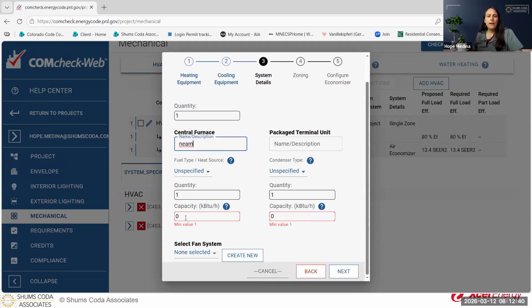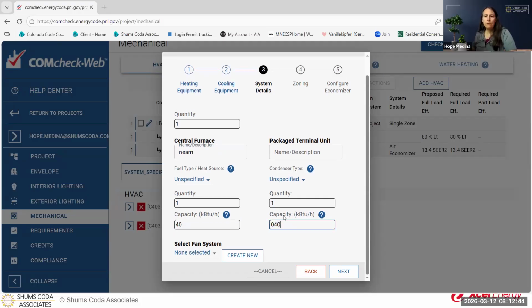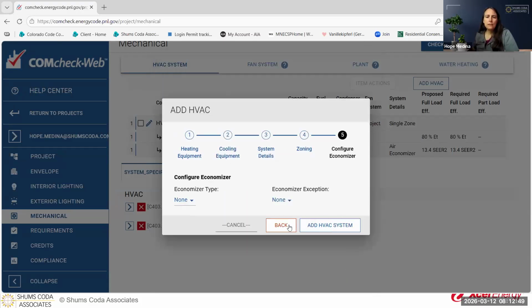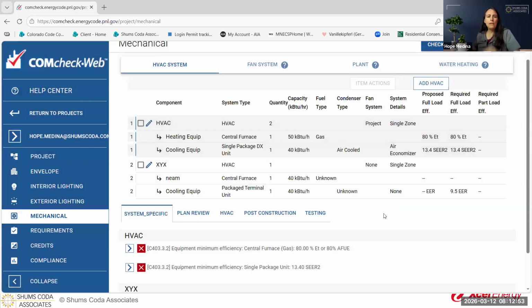Okay. And we're going to say 40, next. Okay. So now we have this and it shows, I forgot to put unknown, but if we go and, of course, I'm trying to do this very quickly.